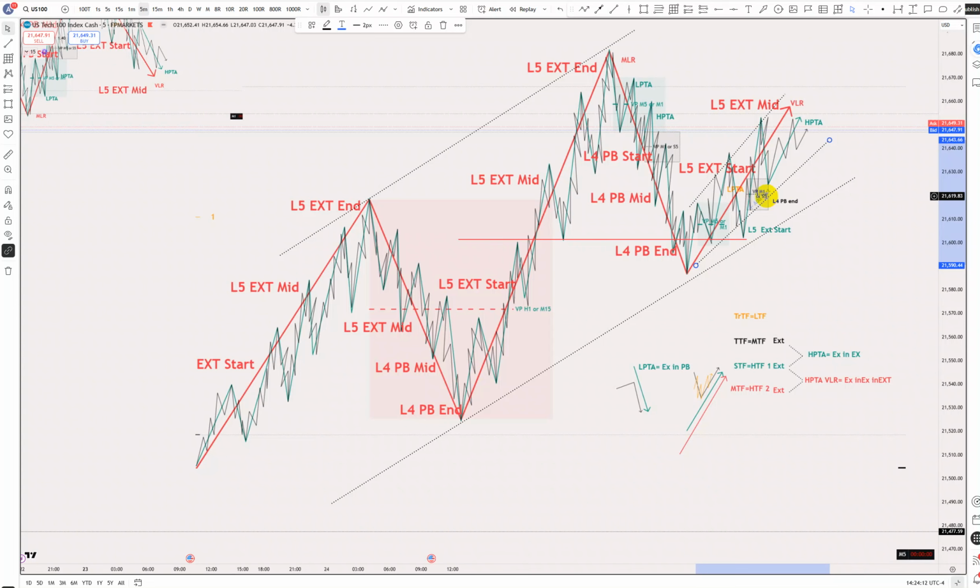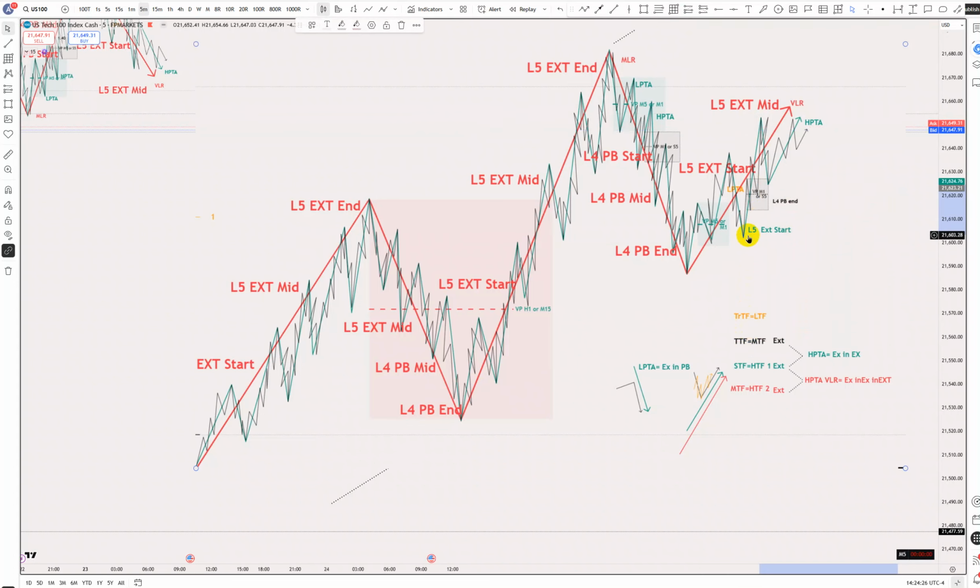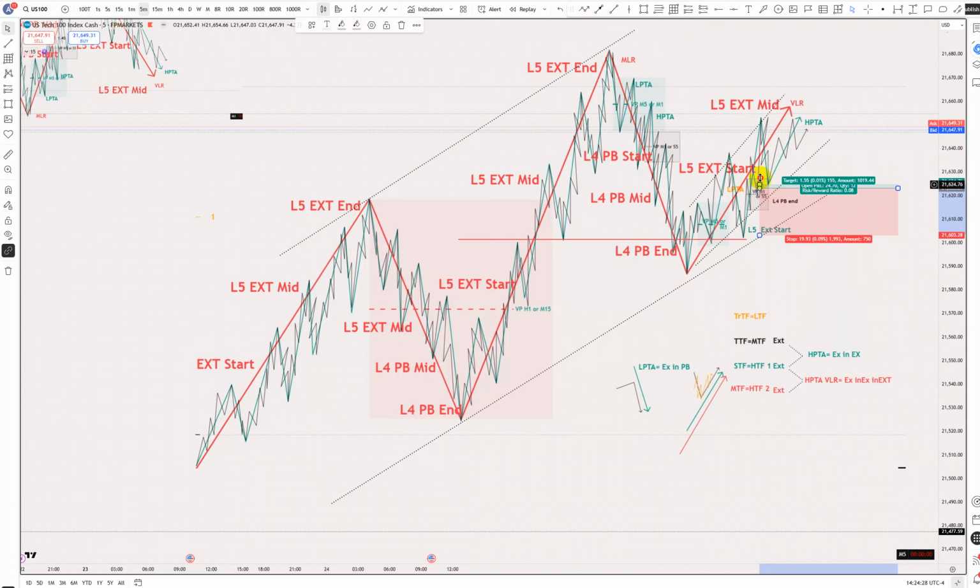Now here we can use these valid pullback zones, and you can adjust your stop loss based on this time frame. So you cannot adjust your stop loss like this, because you're fading in this time frame. You have to hope for getting this one rather than this amount of reward and this amount of maximum risk.